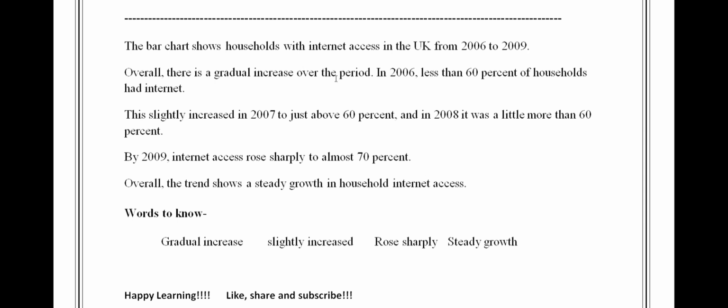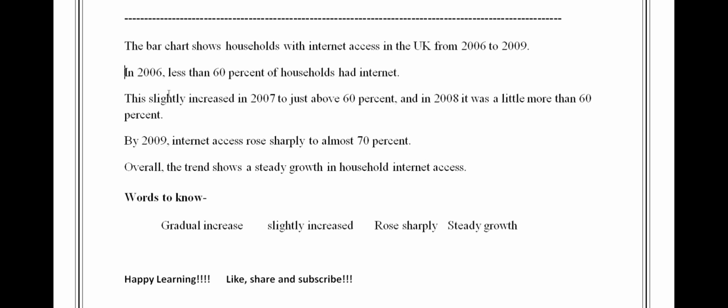Beautiful. First line. Overall, there was a gradual increase over the period. We can put this here also, or maybe keep it at the end. In 2006, less than 60% of households had internet. This slightly increased in 2007 to just about 60%, and in 2008 it was a little more than 60%.